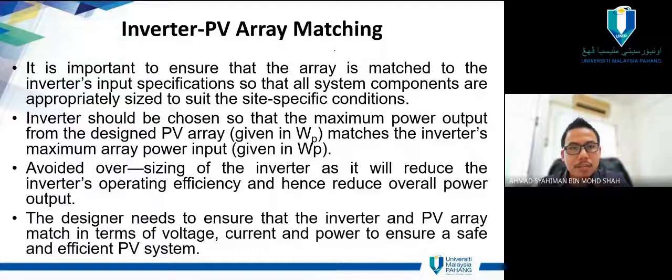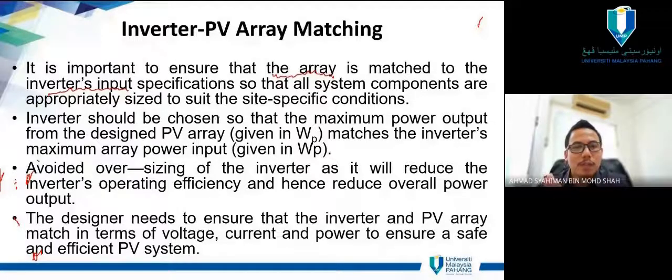It's important to ensure that the array is matched to the inverter input. Very important. The inverter input has a limit, a range.